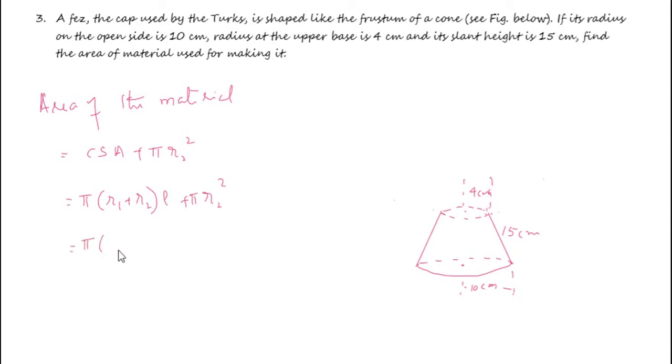Pi into (4 plus 10) into L, L is 15, plus pi into R2 square, where R2 is 4, R2 square is 16.